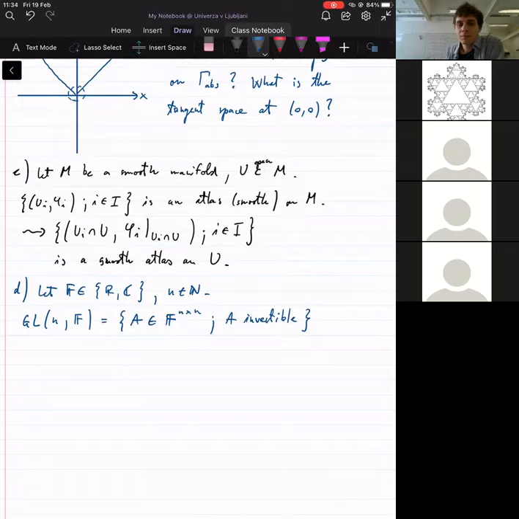Determinant, maybe? Okay. What about the determinant? So basically, we have to map this space to an R to the power of n space with the mapping. Yeah, more or less, but there's a really easy answer to this that does not require any meddling with charts or the topology or anything like that.